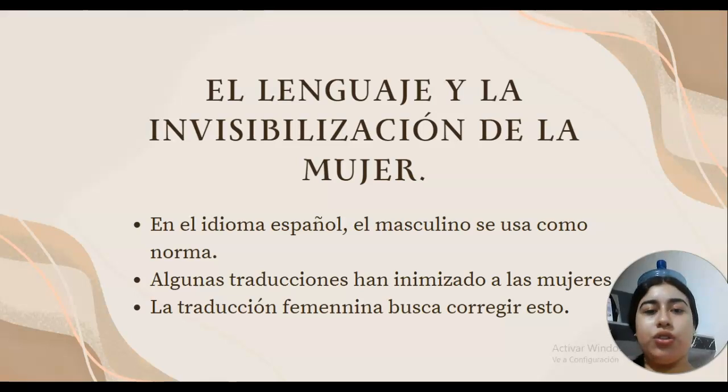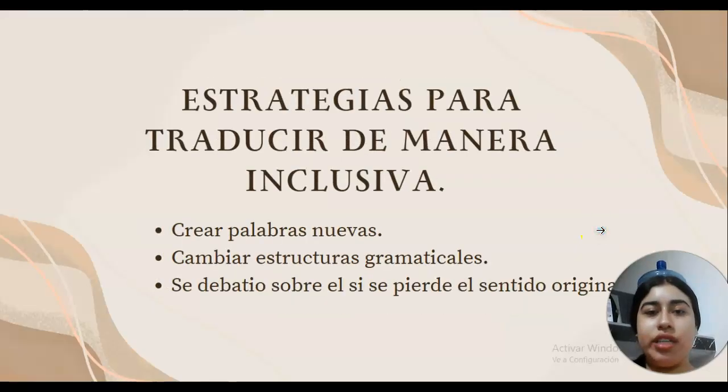Also, in the translation of books, female characters were minimized or altered to reflect the prejudices of the time. To address this, in recent years feminist translation has emerged, and it seeks to make language more inclusive.